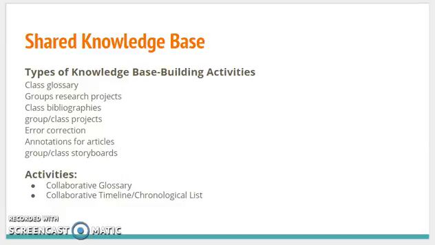A collaborative glossary is when the teacher can define the term for the students, or the learner can define the terms they are unfamiliar with. An activity that promotes a collaborative timeline or chronological list is when students help to create a big picture perspective. Students can also create a chronological list on a given topic, and this will address the evolution of the given topic.